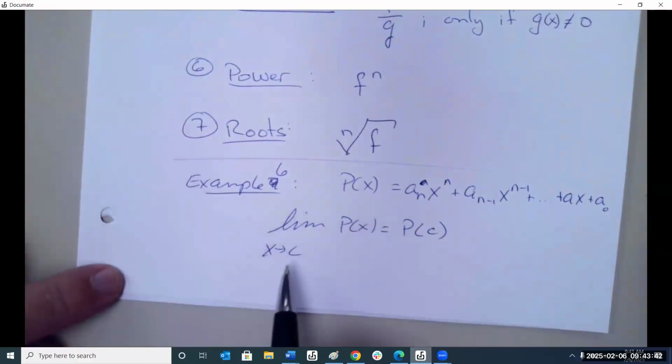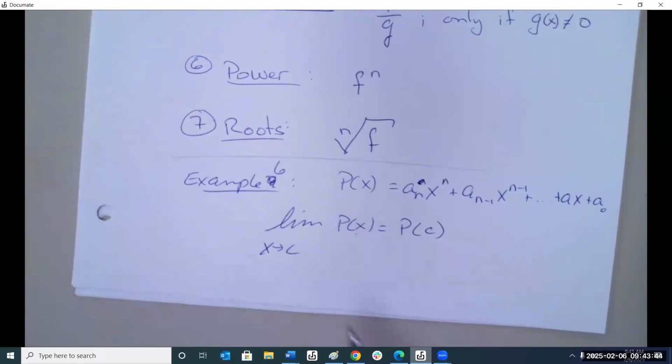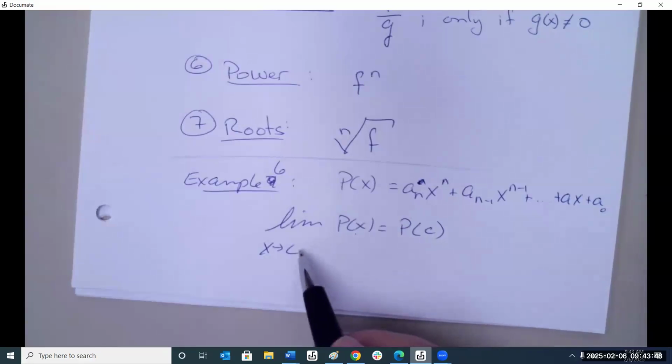All this says here is if you have a polynomial, we know polynomials are continuous, unless they're rational expressions. Then just plug the value in there. We're done.